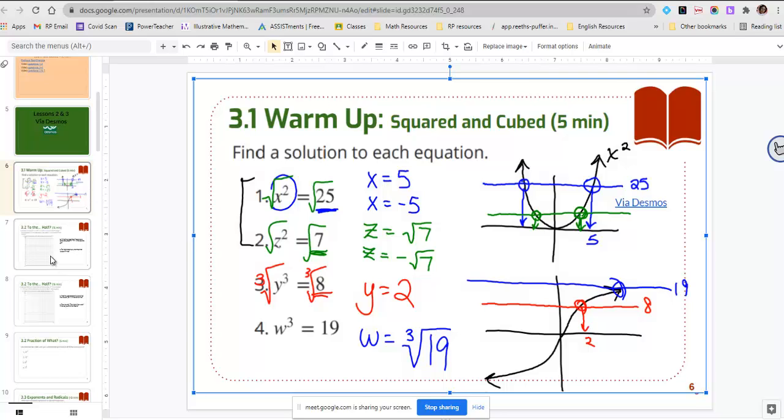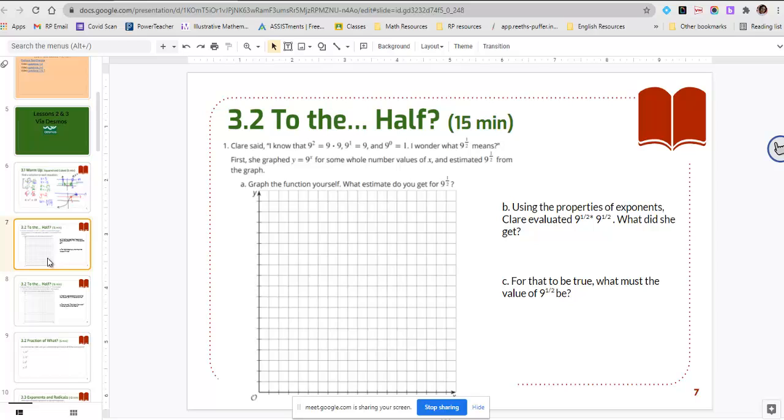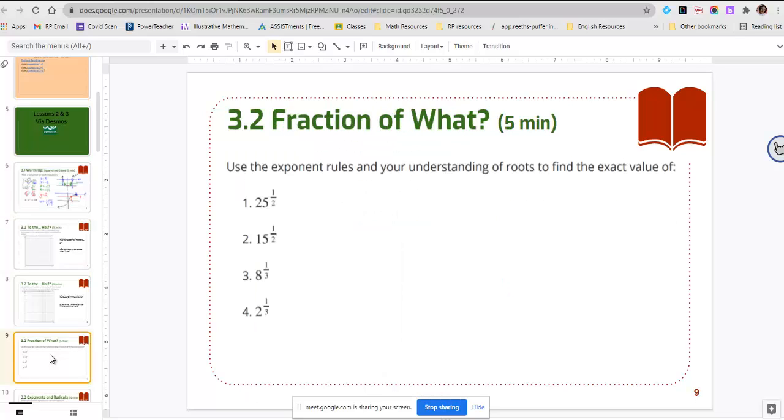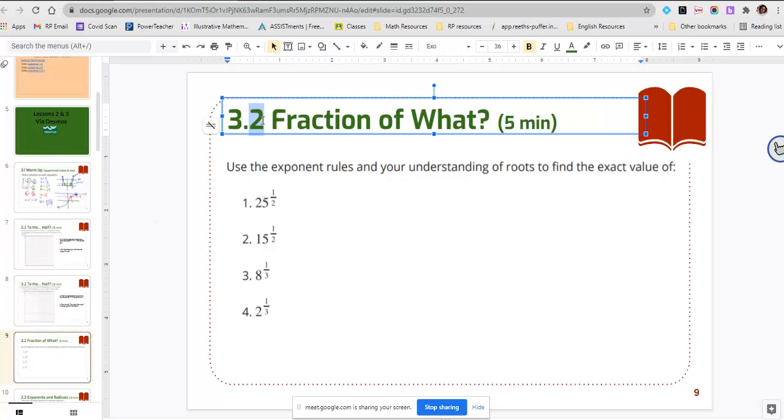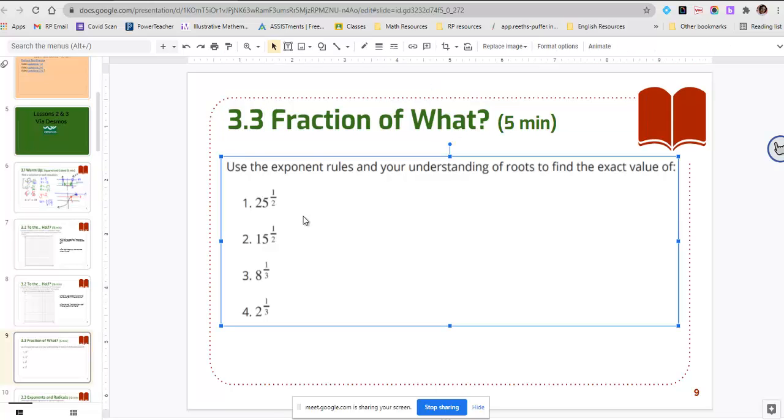So our next part isn't really that helpful. So I'm going to ask that we skip section 3.2 until we get to 3.3. 3.3 and 3.4 are much more helpful in understanding what these fractional exponents do, and we just want to get to the part that we understand how we can rewrite these things.